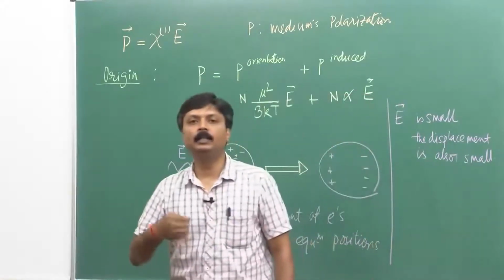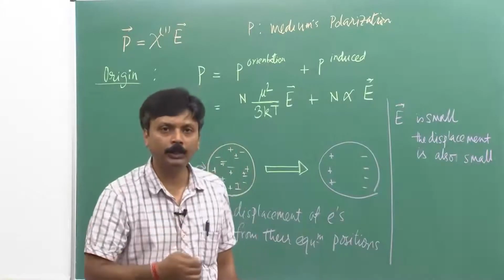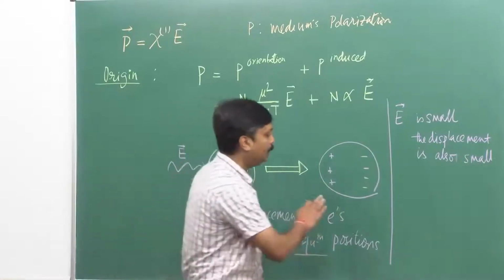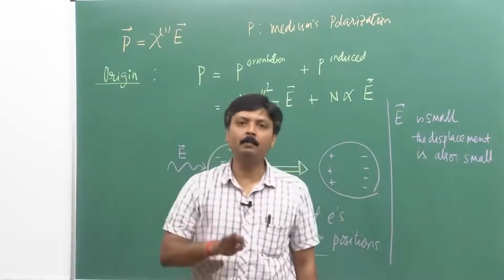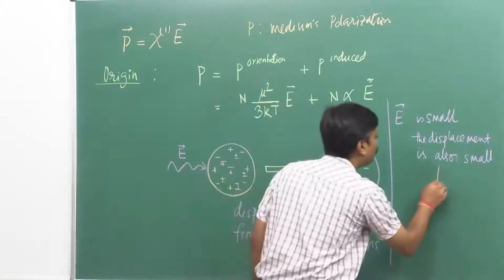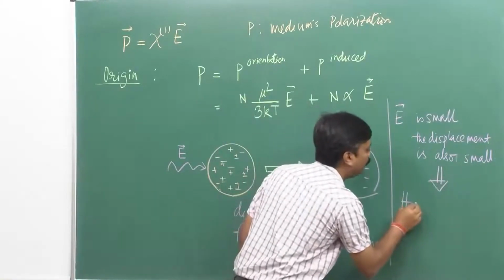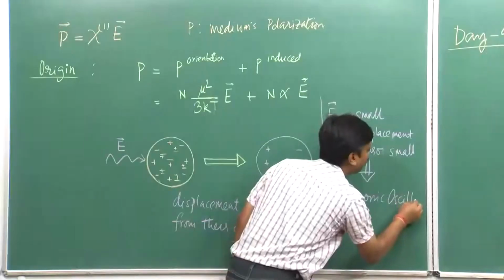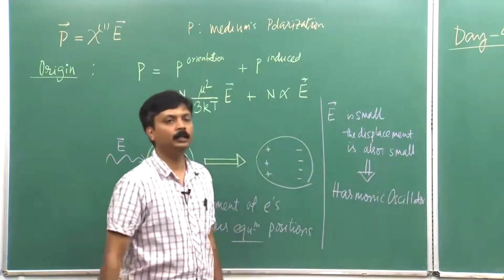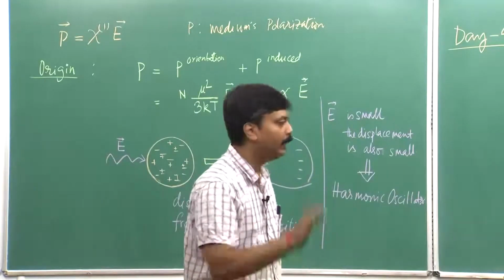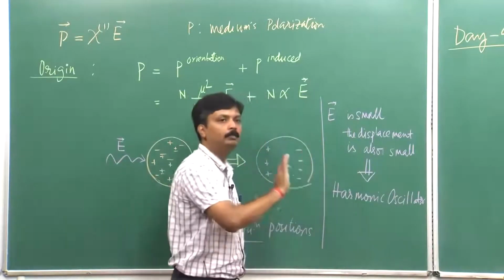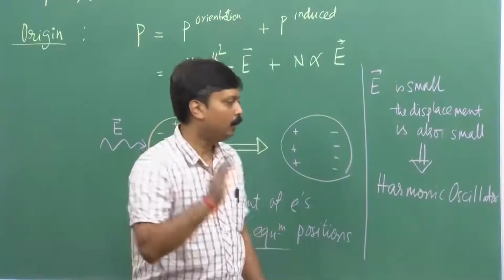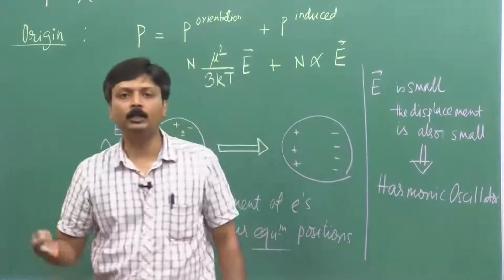So, that means there will be an oscillation of the electron position with respect to its equilibrium position, and this behavior will be pretty much similar to a harmonic oscillator. This is quite simple to understand. If the disturbance is small, the displacement will be very small, and this displacement in both directions with respect to the equilibrium positions will follow a harmonic oscillator model.